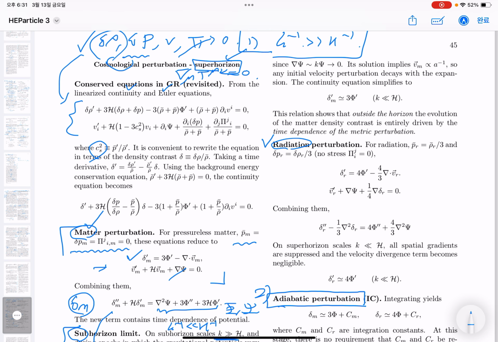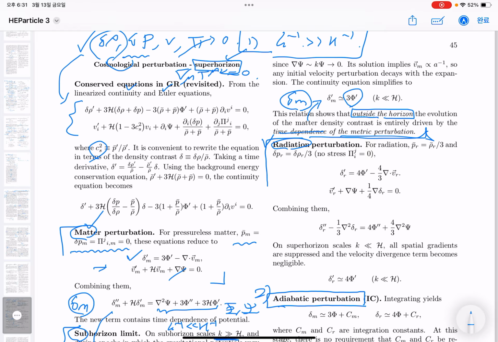So this means that for the superhorizon condition, or outside of the horizon, the evolution of the matter density perturbation delta m is purely determined by the time dependence of the metric perturbation capital Phi prime.